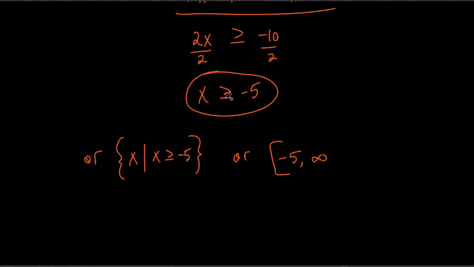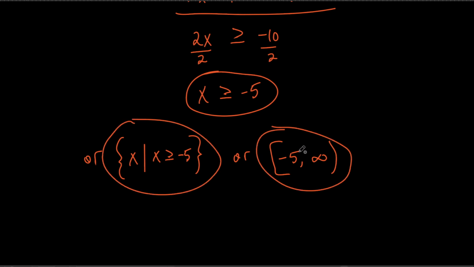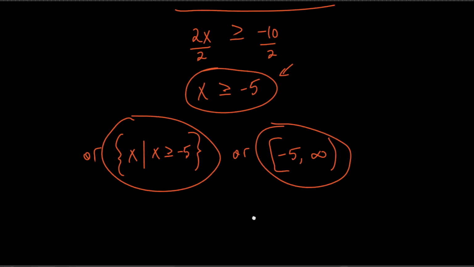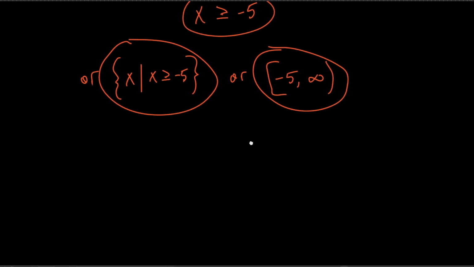Because it's greater than or equal to. Infinity always has a parentheses, so we could write it any of these ways. All right, you don't have to have all three, just have one of them. Tell you the truth, if it was me, I would just write it like that, okay? But if you look in the back of the book, you'll probably see it like that. All right, I hope that helps.